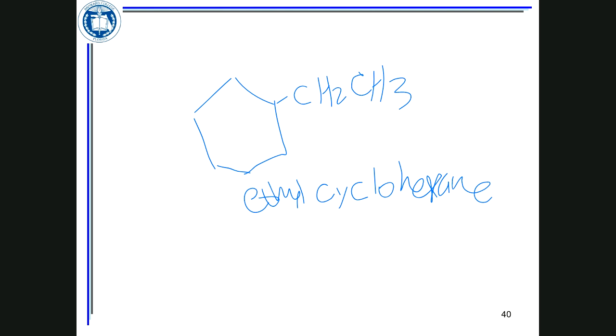So if you have 1 branch, no numbering is needed, you just say ethyl or the branch name and then cycloalkane. If you have 2 branches, you have to go with alphabetic order. You want to make sure the lower number is assigned to the higher priority in alphabetic order. So those are two scenarios.